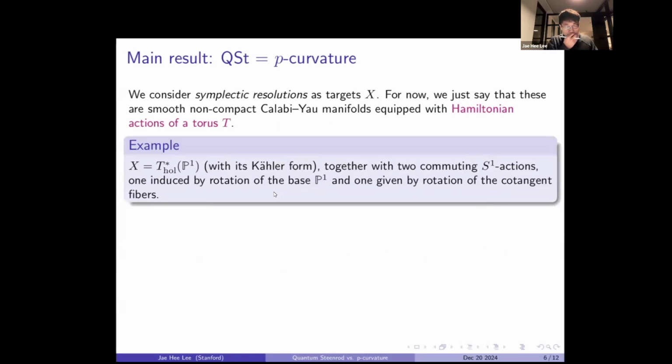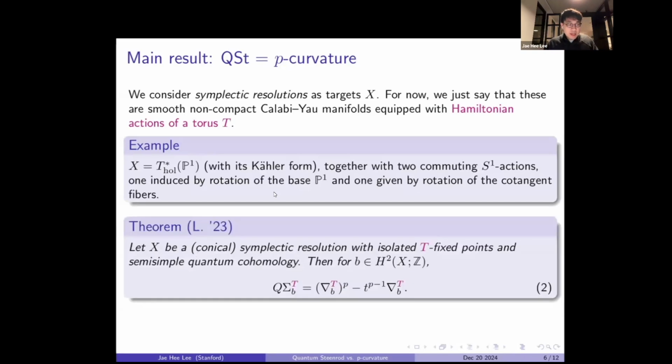I'll explain more precisely what they are in a moment, but for now, let's just say that these are certain smooth, complex, non-compact Calabi-Yau, in fact holomorphic symplectic manifolds, and they are also equipped with certain Hamiltonian torus actions. A canonical example of this is the holomorphic cotangent bundle of P1 together with this Kähler form. This has a rank 2 torus action on it, where the first circle acts by rotating the base P1 and the other circle acts by rotating the cotangent fibers.